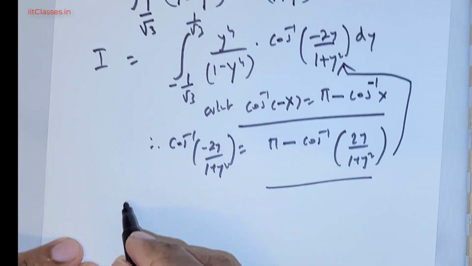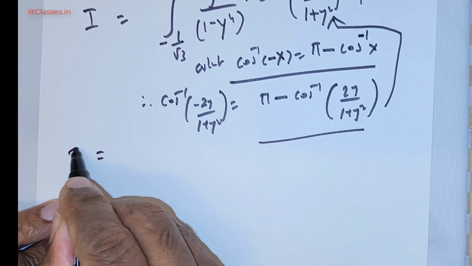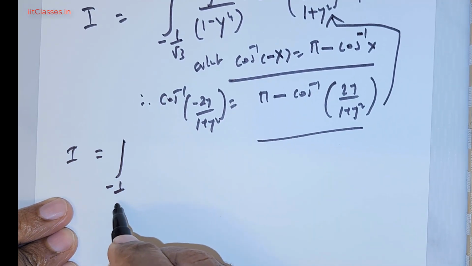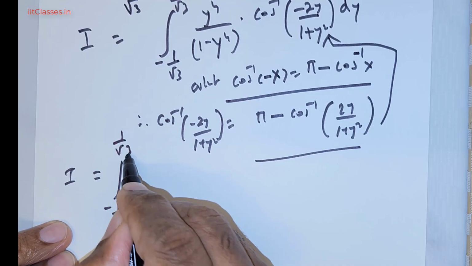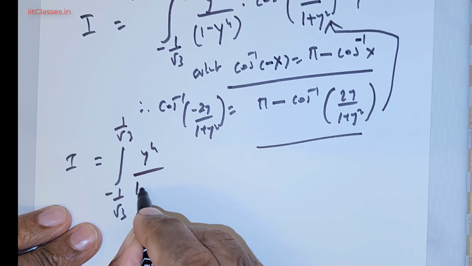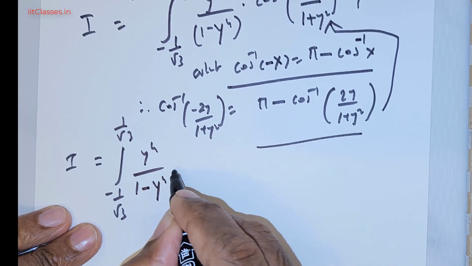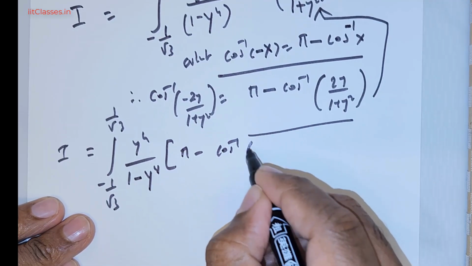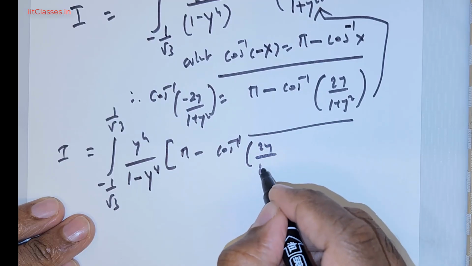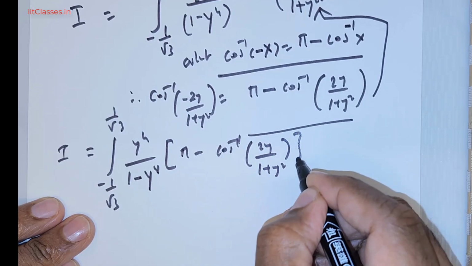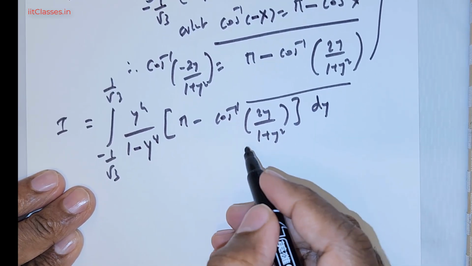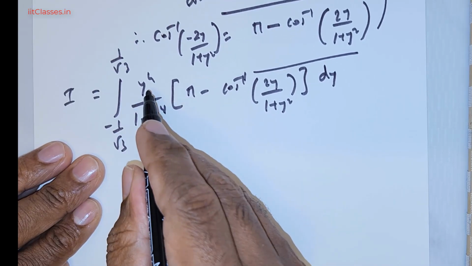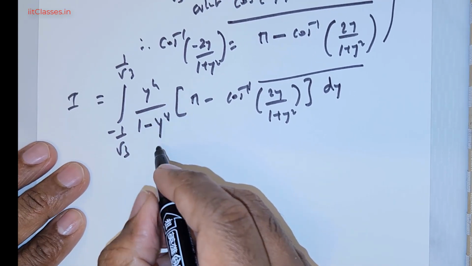If I were to apply that, I would now have I equal to the integral from negative 1 over root 3 to 1 over root 3 of y to the power of 4 divided by 1 minus y to the power of 4 times pi minus cos inverse of 2y divided by 1 plus y squared, dy. I can distribute this y to the power of 4 divided by 1 minus y to the power of 4.